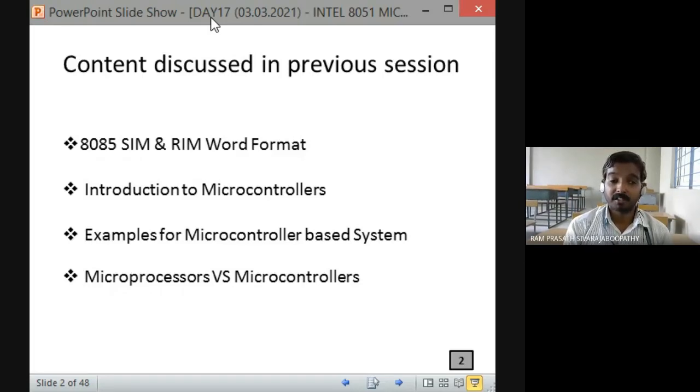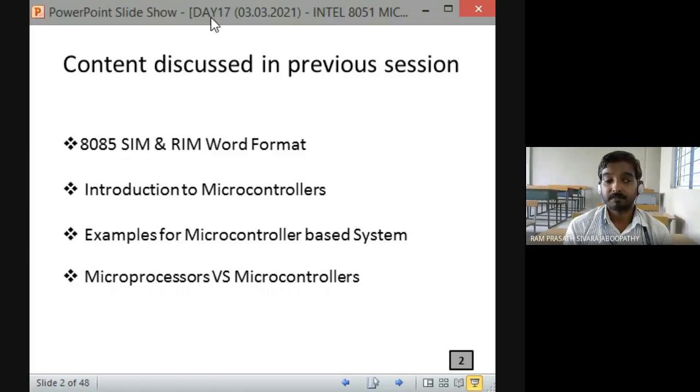If you are interested in faster computing or general purpose applications, you can prefer a microprocessor. Implementing a system using a microprocessor is also possible, but you have to check different aspects: cost of the system, circuit complexity, and many things.